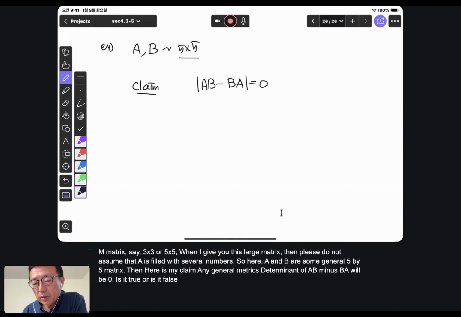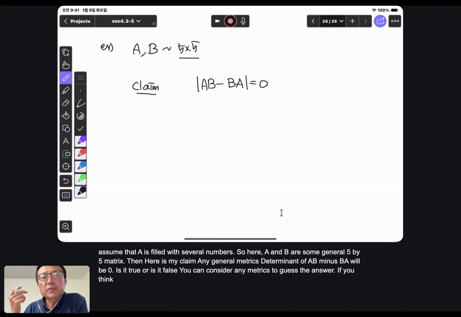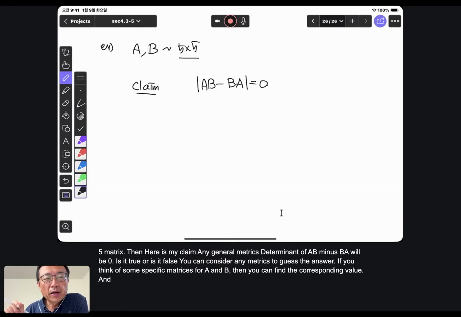You can consider any matrix to guess the answer. If you think of some specific matrices for A and B, then you can find the corresponding value. And that value may help you to answer this question.